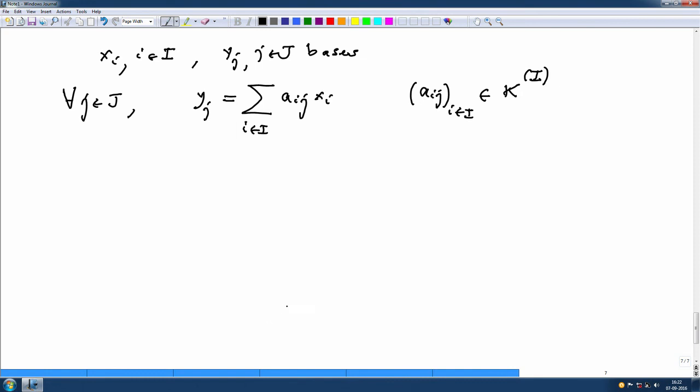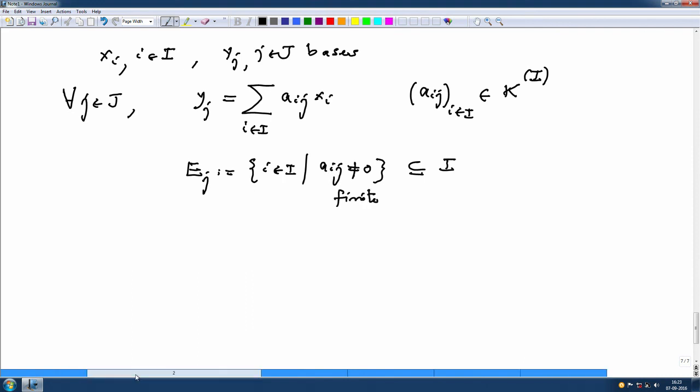So, you look at the set E_j, which is by definition all those i in I such that a_ij is non-zero. This is a finite subset of I. Since the E_j's are finite, all these are finite subsets of I, and I take their union to be I prime.